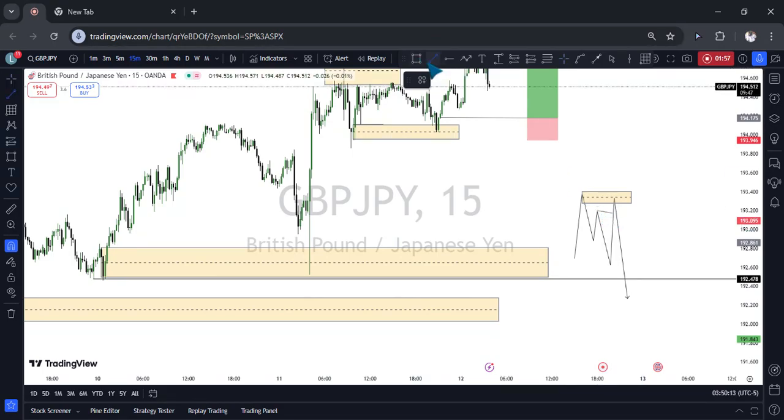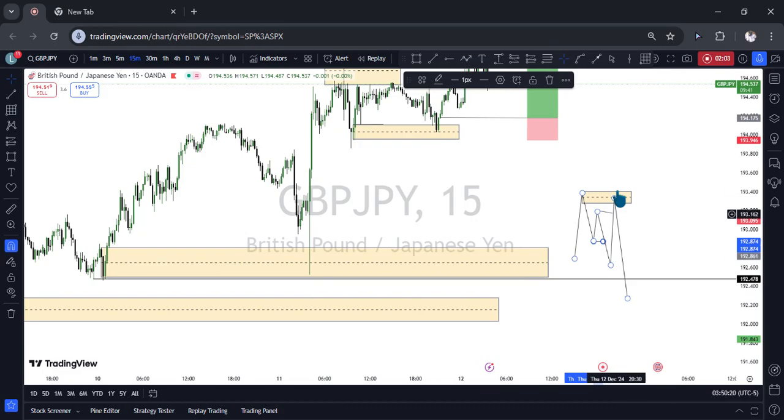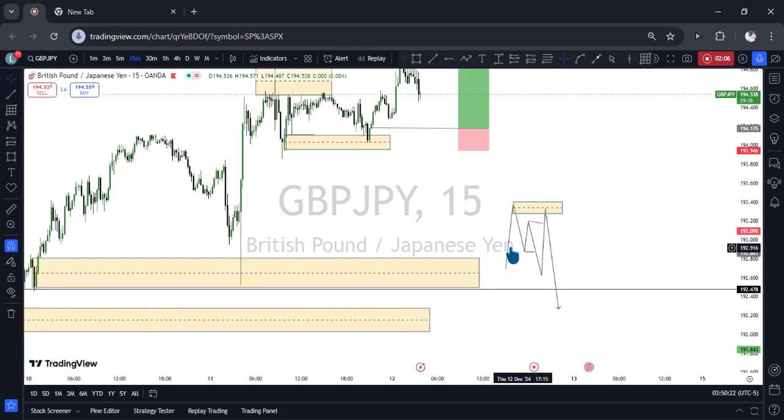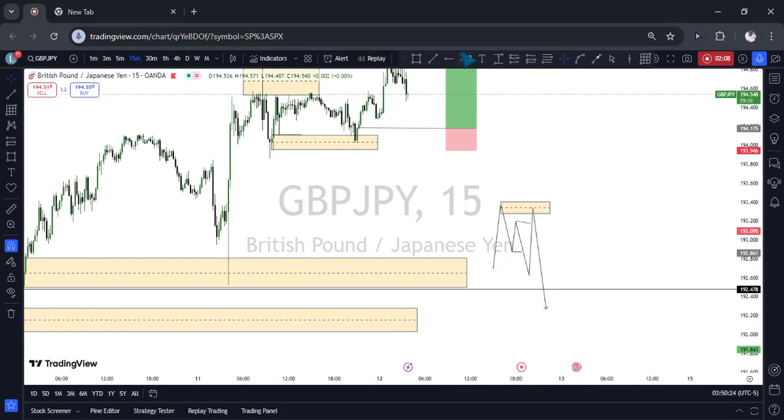and also an inducement that would break structure, right? Something like this, and the market comes back to tap into the inducement. Same thing applies when the market is on the verge of buying, right?